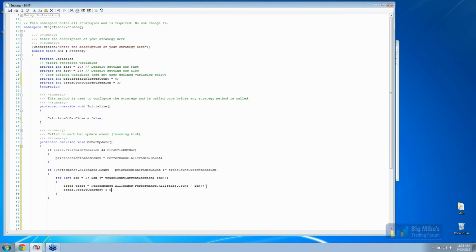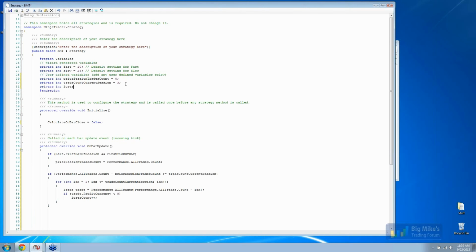So basically, if my trade is losing money, I guess I want to go ahead and keep a tally on that. I want to see if I have 3 consecutive losers, so I need all 3. Loser count plus plus. So I need to make another variable. So private loser count equals 0 to start.